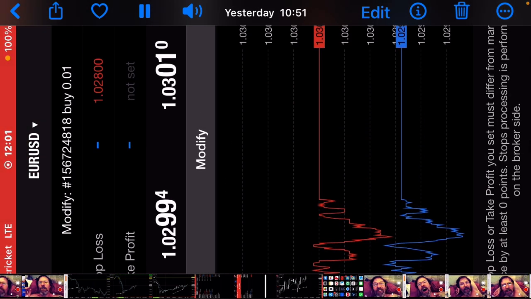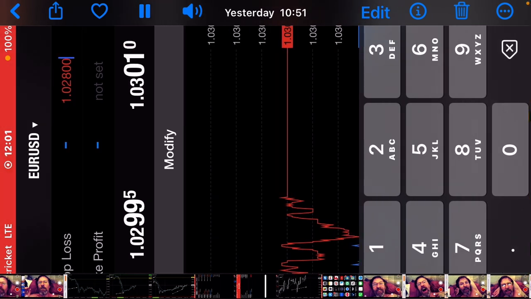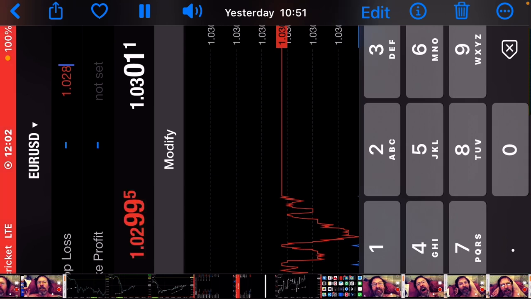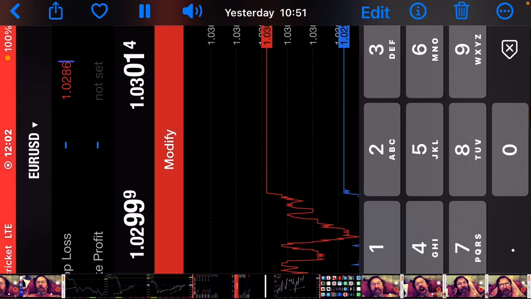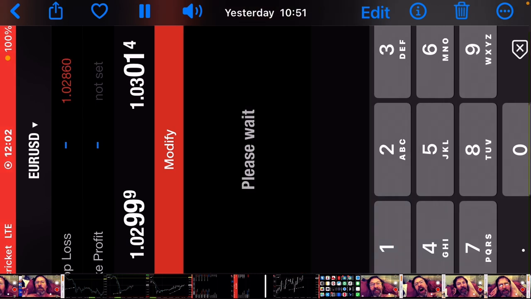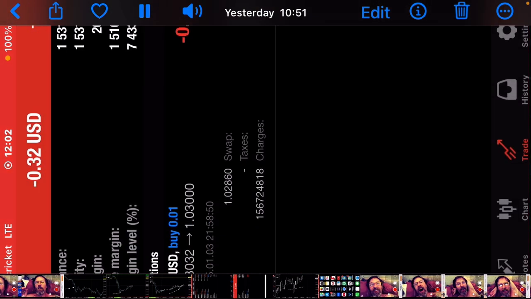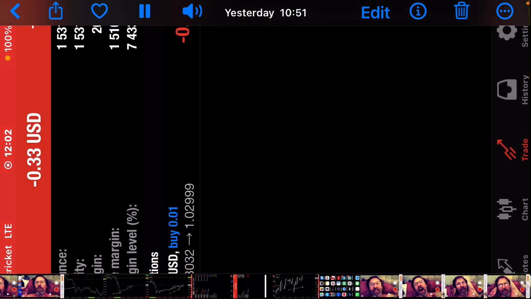The stop loss can be modified. So if the brother wanted to move the stop loss up, it could go to 1.0286, and then modify. It automatically changes the stop loss.